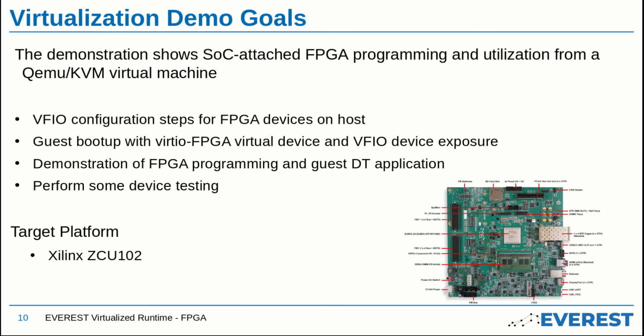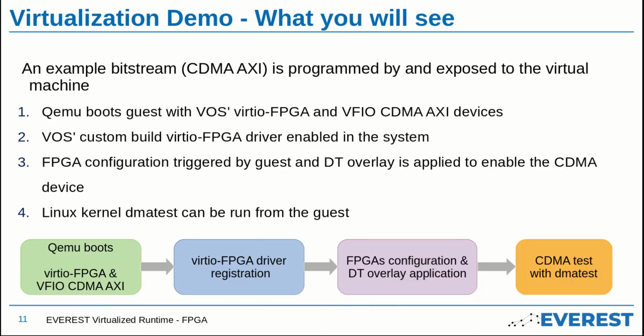As a final step, some testing will take place on the available FPGA device. More specifically, in this demo, we will make use of a bitstream image generated by VFIO that leverages a CDMA AXI device on the FPGA hardware.